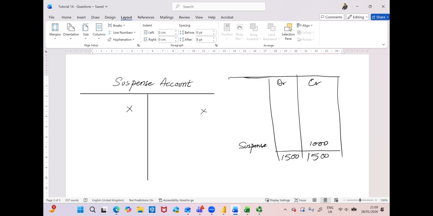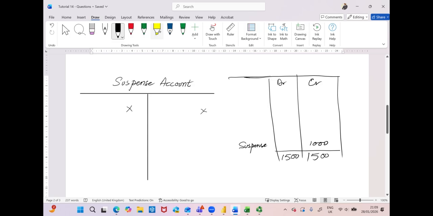Now you can see both sides are equal, but we have a suspense account and we have to close it. As you can see, I have entered £1,000 on the credit side. Therefore, this £1,000 will appear in my suspense account on the credit side.